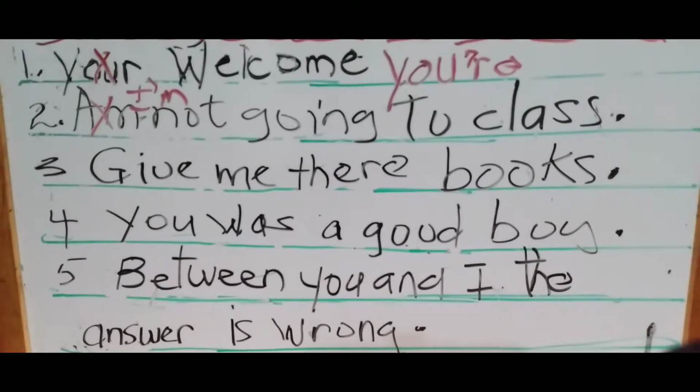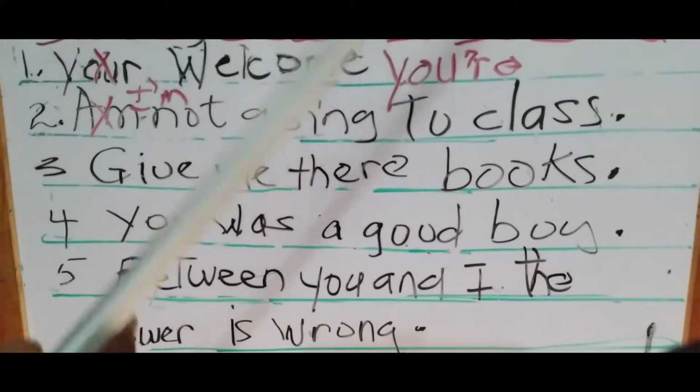All right, number three. Number three says, "Give me there books." Now this sentence is showing possession. Give me their books. The books, meaning the books that belong to them. Now the possessive pronoun for "their" is not T-H-E-R-E. T-H-E-R-E is referring to a place, a position, like you say, "he's over there."